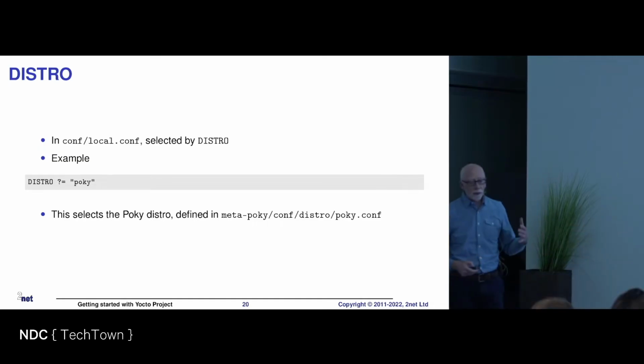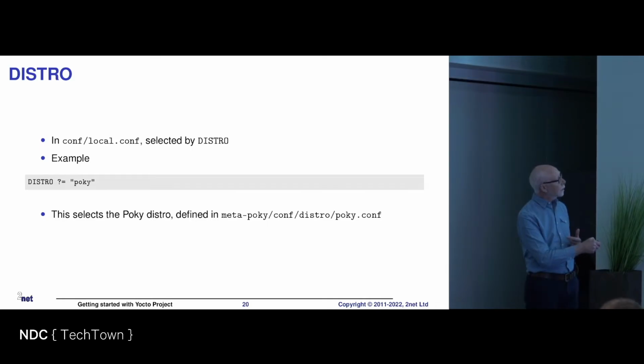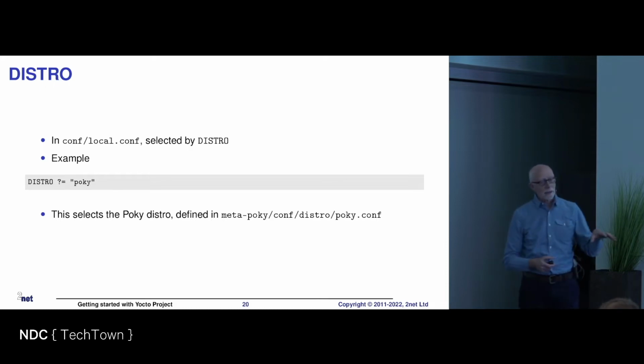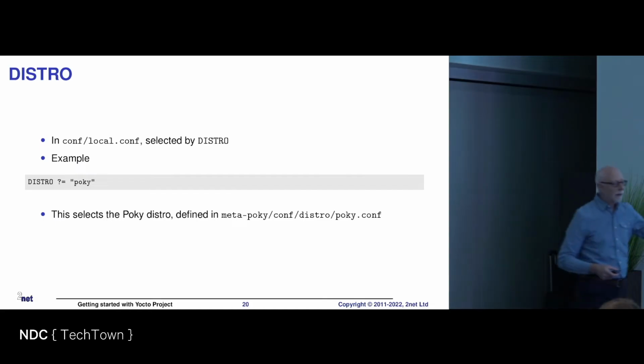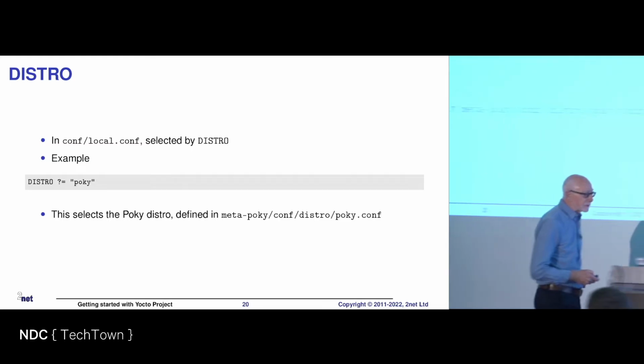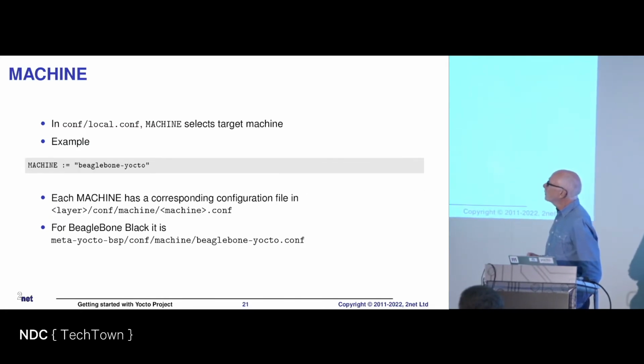So just to quickly clarify that, then distro you set in your local.conf with a term like this, DISTRO ?= poky. I'm not going to go into the question mark equals bit. One of the interesting things about Bitbake is it has 10 different ways of assigning variables. This is one of them. I'm really not going to go into that because we don't have time. Then for machine, you select the machine you want to build for.